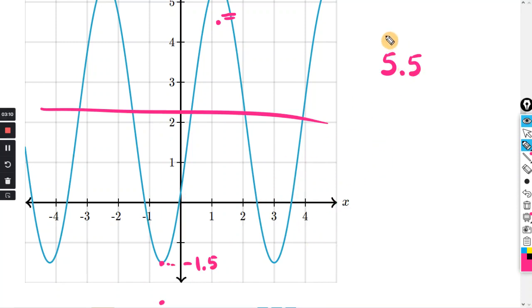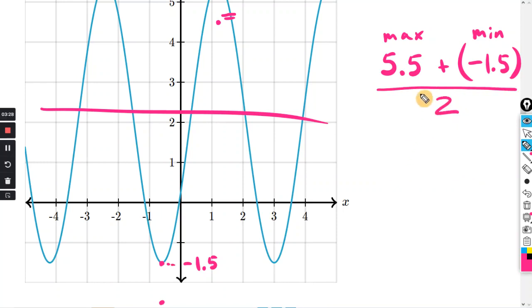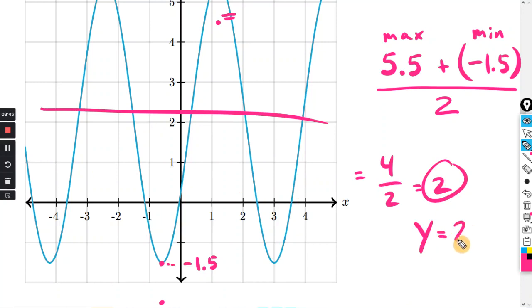We have 5.5 for the max, and we add negative 1.5 for the minimum, and then divide by 2. 5.5 minus 1.5 is 4, divided by 2 is 2. So the midline is at y equals 2, and I'll show you a second way.